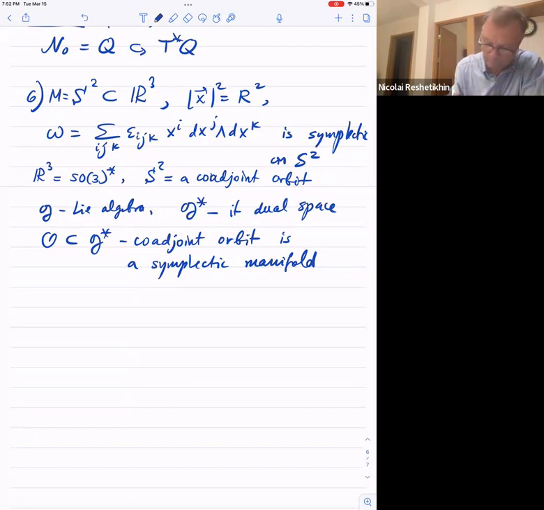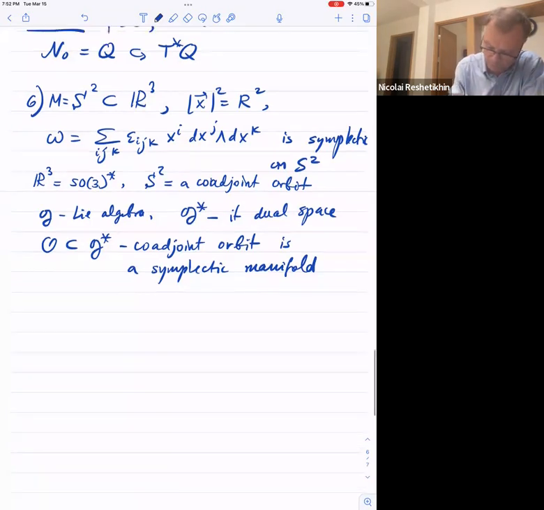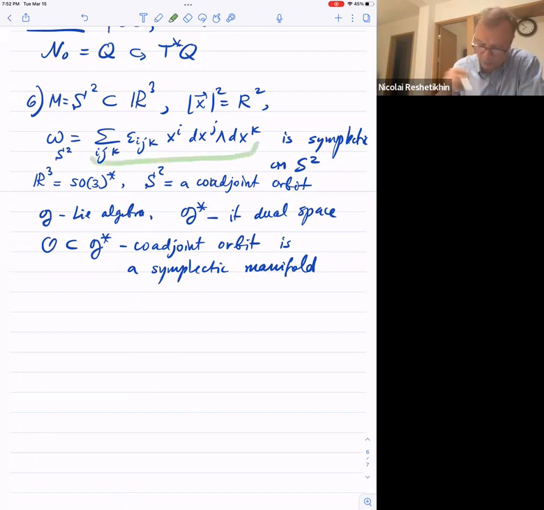So when I say omega, what I meant is, this two form is a two form on R3, and if this is the embedding, then you pull back this two form to S2, and that's symplectic on S2.